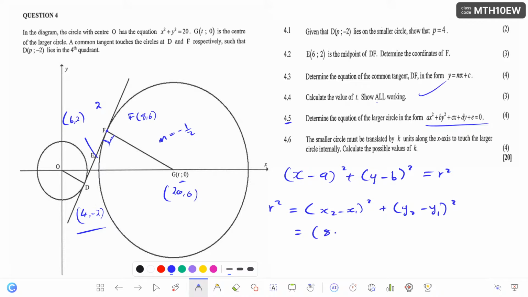As 8 minus 20 squared plus what? 6 minus what? 0 squared. So if we punch our calculator, 8 minus 20 and 6 minus 0, we get our answer, which is 180. Right.